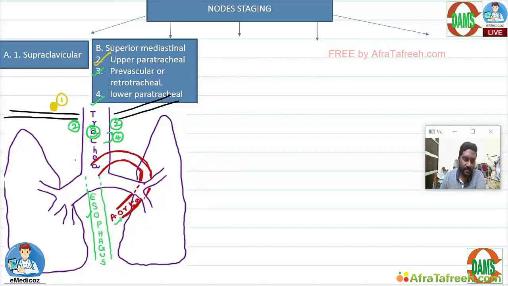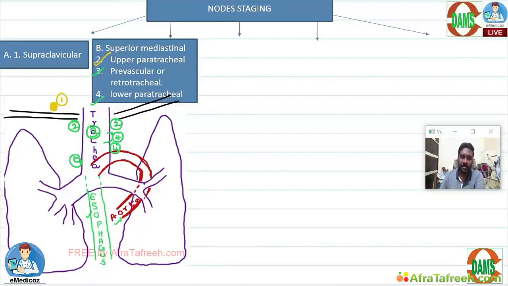Then we have lower paratracheal, around the trachea in the lower portion. So superior mediastinal, we have upper paratracheal, prevascular, retrotracheal, and also lower paratracheal.